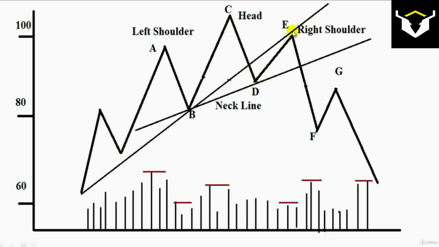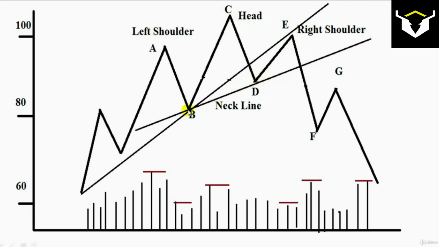Then it goes up on alarmingly lower volume, which suggests something is wrong with the upside move. So when point D is created, when prices have moved up closer to point C to test the top or to take out a new high, point D is clearly created.